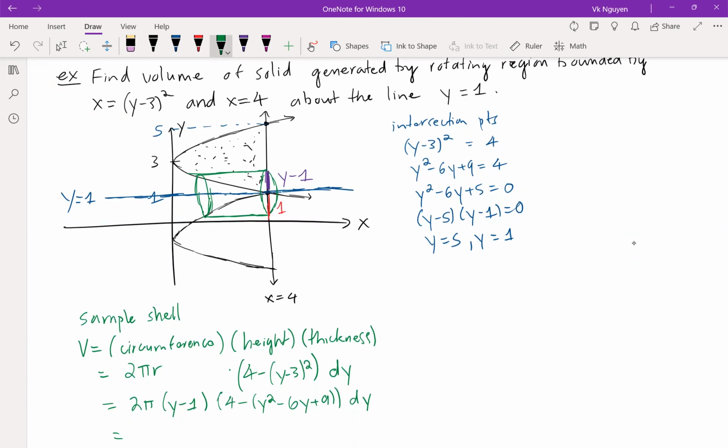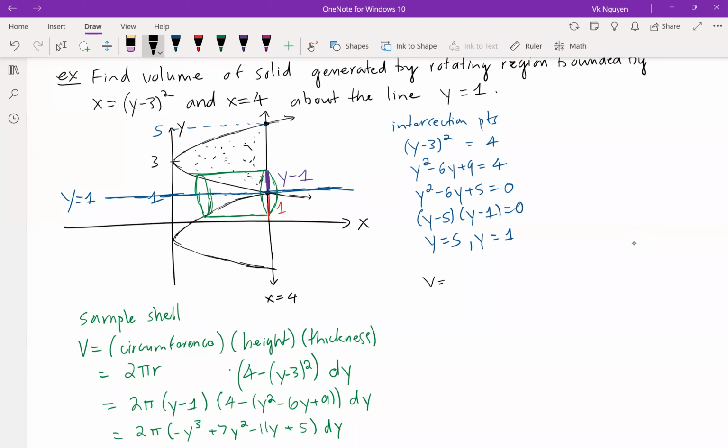Work out the algebra and we have 2 pi times (minus y to the 3 plus 7y squared minus 11y plus 5) dy. And with this, we have the volume of a sample shell.